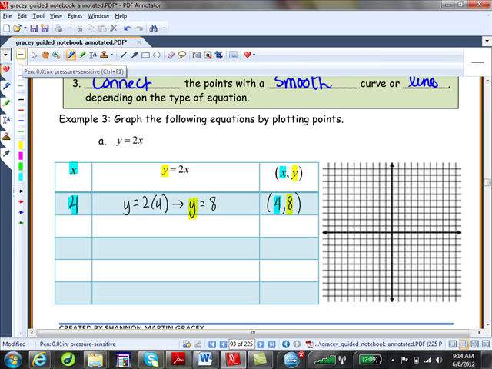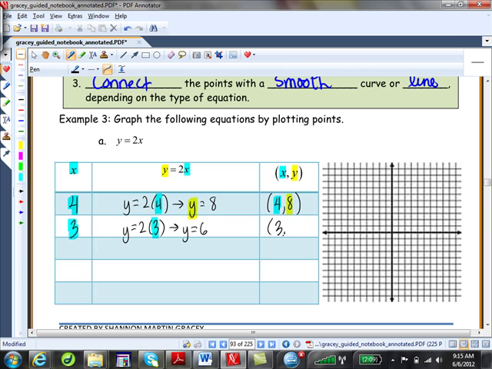So what number should I use next? All right, let's go ahead and use 3. So that would give us y is equal to 2 times 3. Oh, and this is where we had plugged in the x. So this will give us y equals 6.